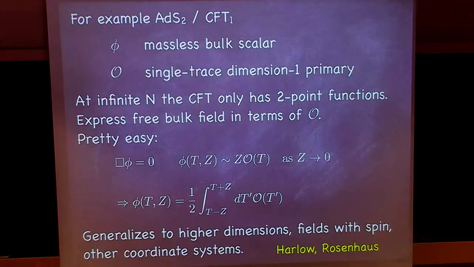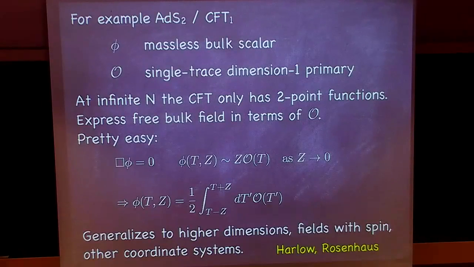This is a classical bulk here at the moment? I'm working in the infinite n limit, so it's a classical, free bulk theory. This is pretty straightforward. This sort of construction generalizes.